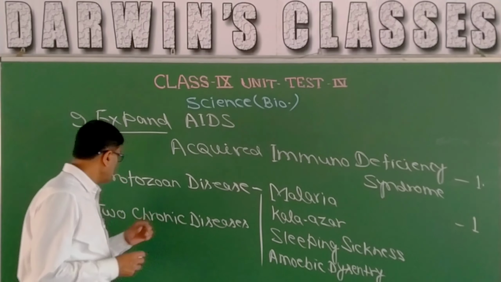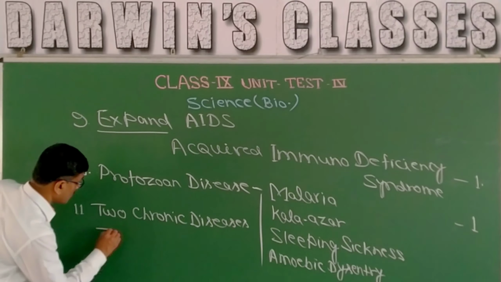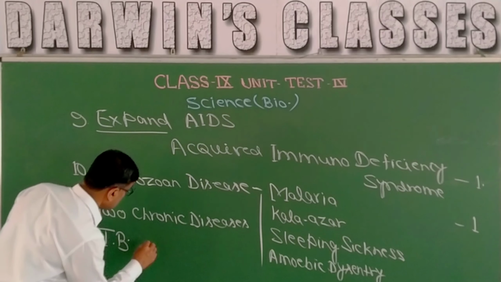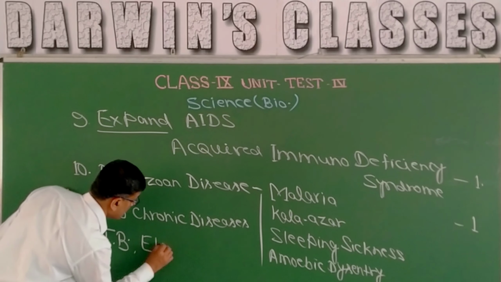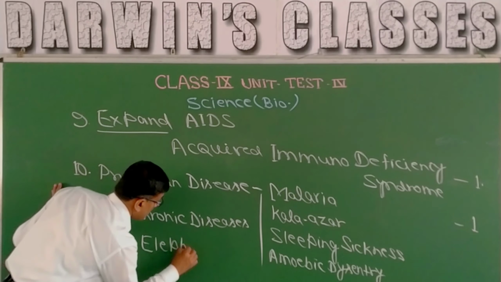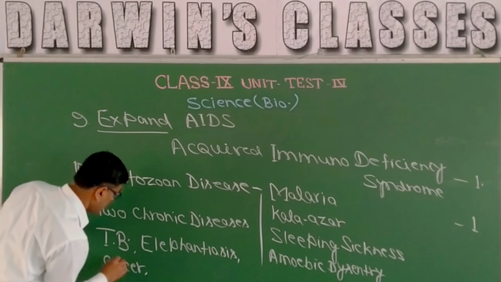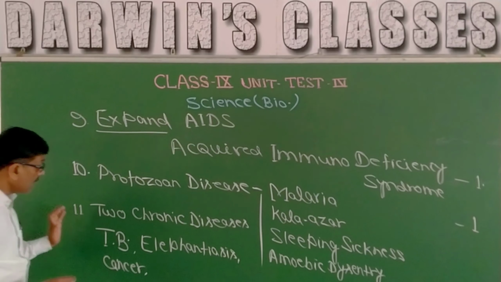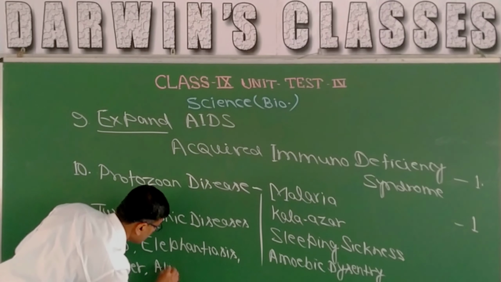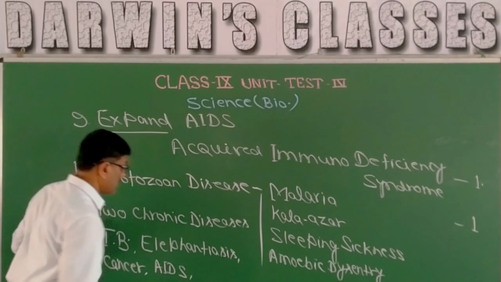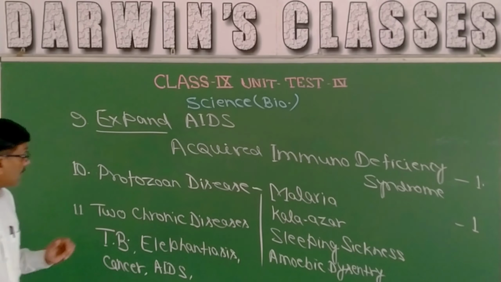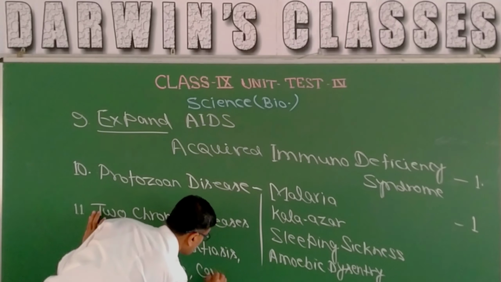Common diseases like tuberculosis, TB, that is a chronic disease. Then elephantiasis is a chronic disease. Again, cancer is a chronic disease. Then AIDS, it may be taken as a chronic disease, suffering for a long time. Then cardiovascular diseases.